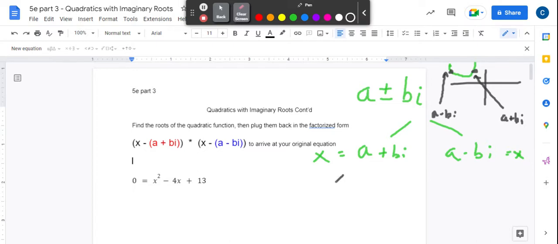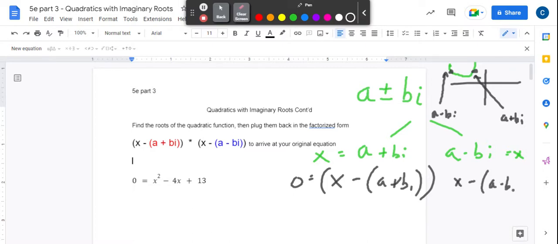So x minus (a plus bi) is equal to zero, or x minus (a minus bi) is equal to zero.